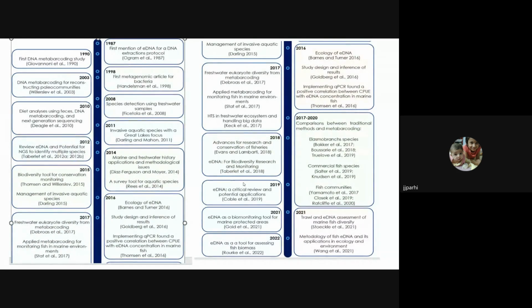Many technologies, such as sequencing and bioinformatics analysis, have been clubbed into eDNA to get better results. With advanced technologies, we are able to identify more and look deep into the system using eDNA technology.